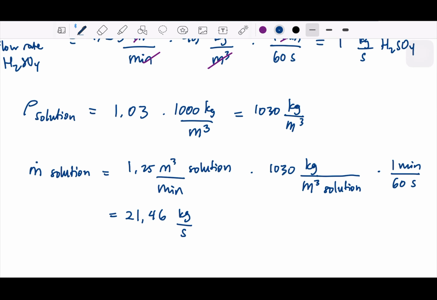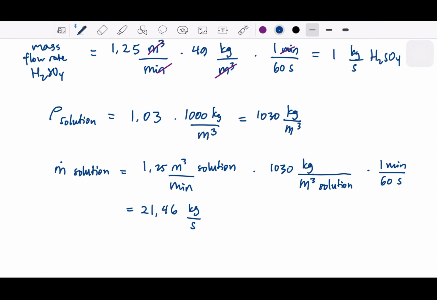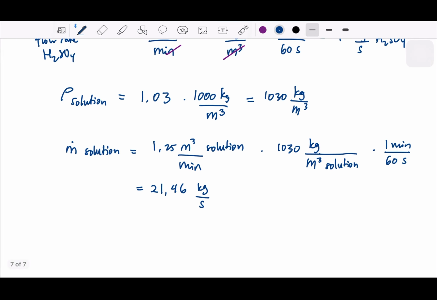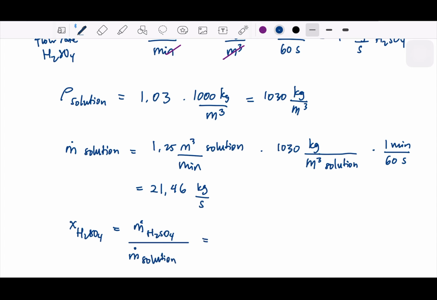So this is the total solution. So the mass fraction of the sulfuric acid is, we can use the flow rate. So 1 divided by 21.46. This is only the sulfuric acid, and this is the solution.